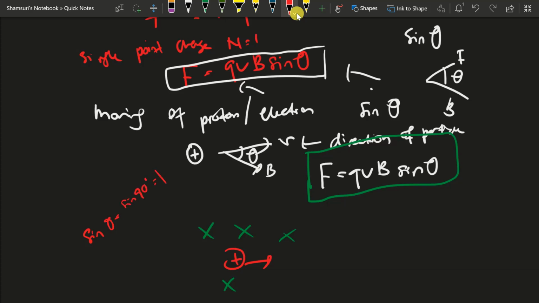You can have the formula. The most important thing is you have to use your right hand rule. So the right hand rule says that when your particle is moving in this direction, this is your velocity, we can see that, using the right hand rule, which direction the force is acting on.